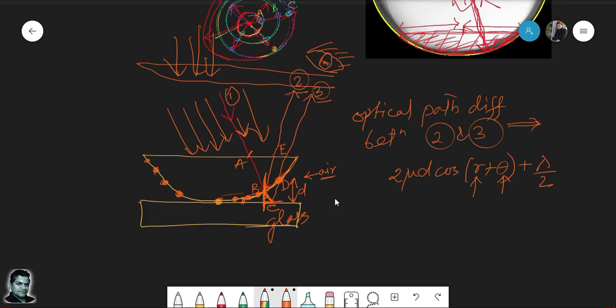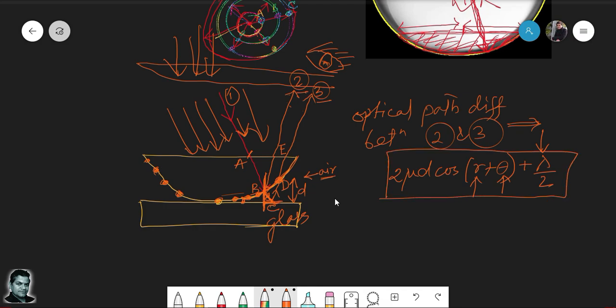When light reflects from a denser medium, a phase difference of pi is introduced between the incident ray and the reflected ray. That pi phase difference between 2 and 3 translates into a path difference of lambda by 2.